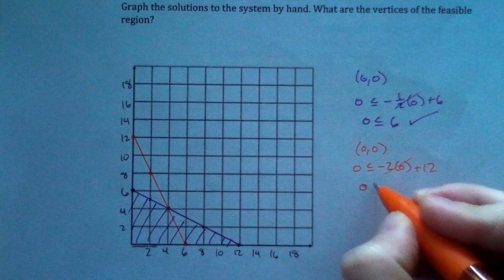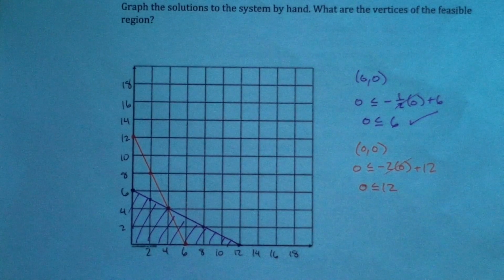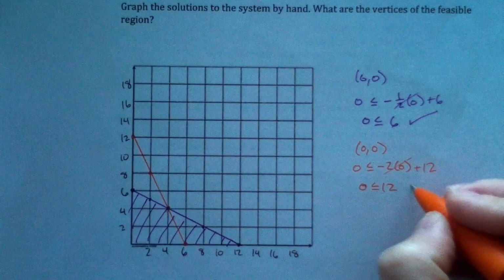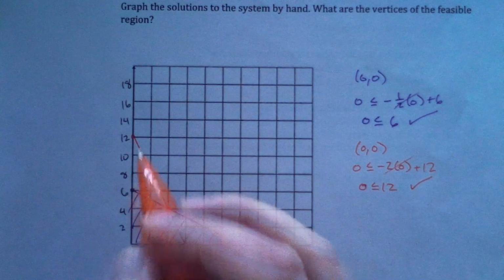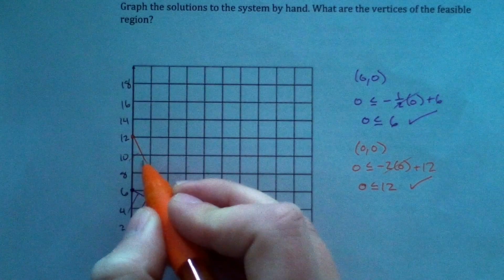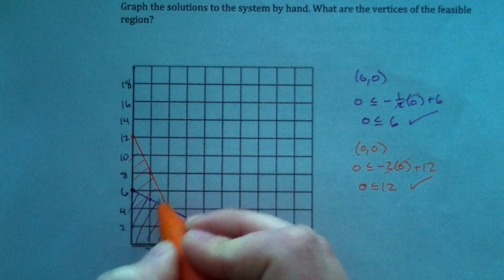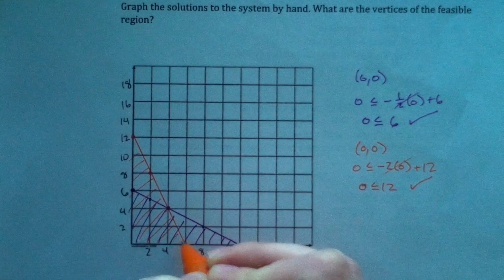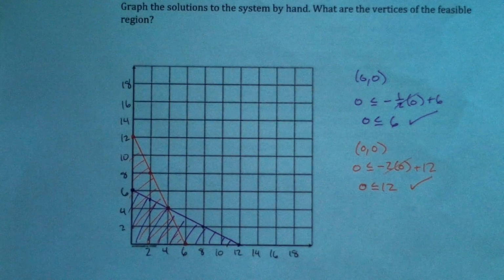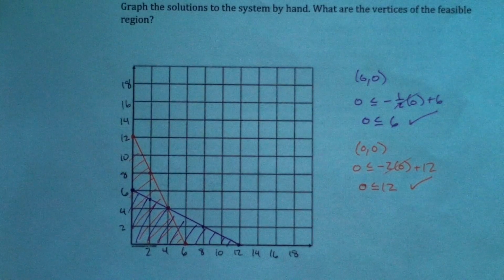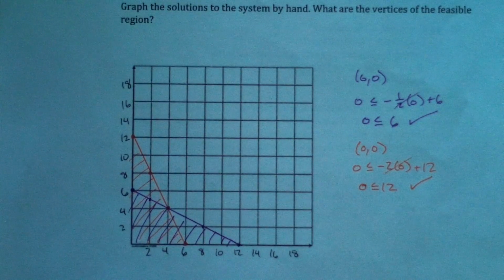So we're going to have one here at the very corner at 0, 0. We've got one here at 6, 0. We've got another one here at 4, 4. And then our last one is at 0, 6. So those are called your vertices.